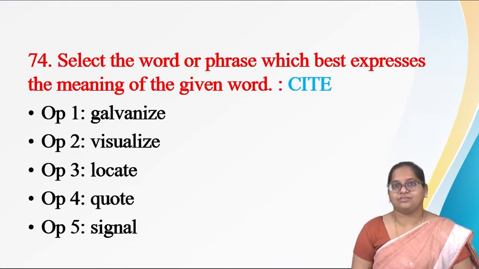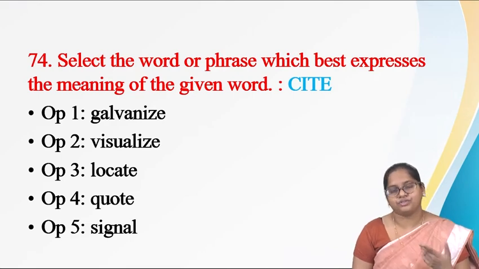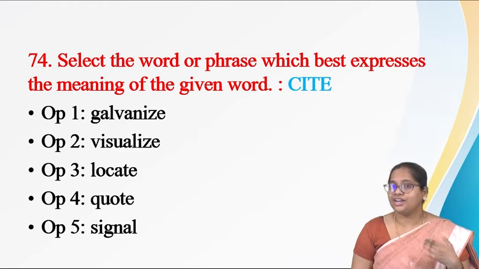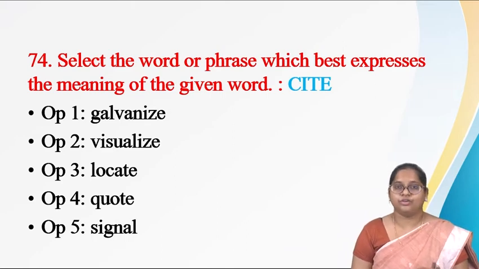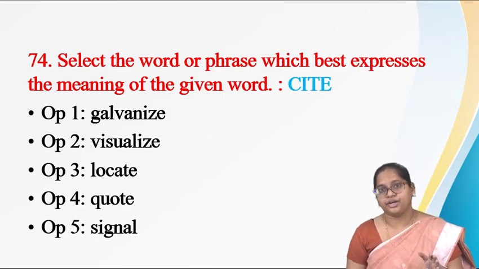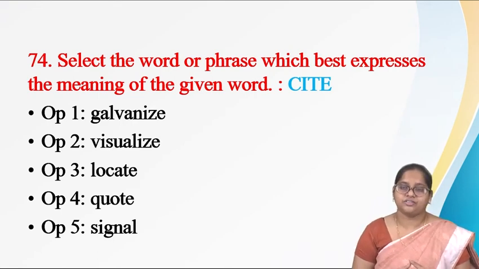Option 1, galvanize. Galvanizing, you say, right? It's like you try to understand it, visualize it. Visualize, it's like you're able to see. Locate, you're able to locate the place, or you try to find the place. Quote, yes, this is the right option.